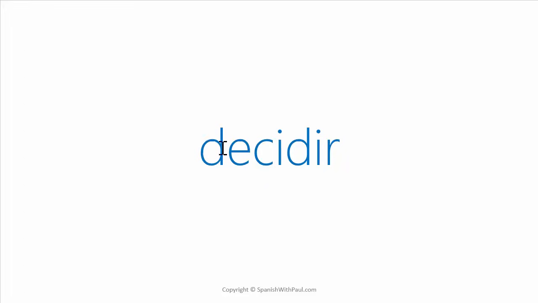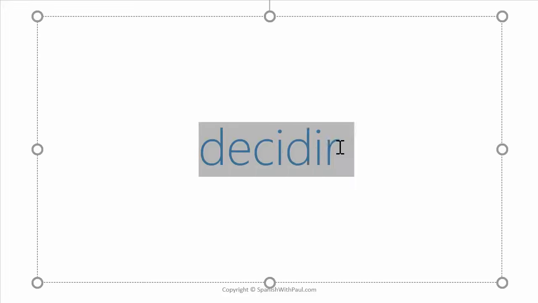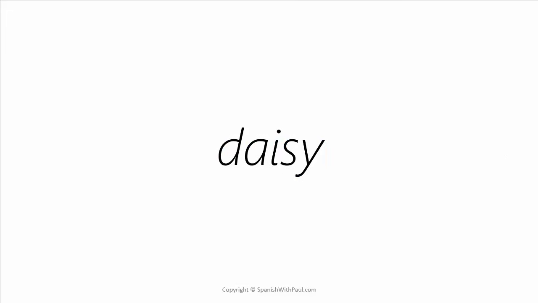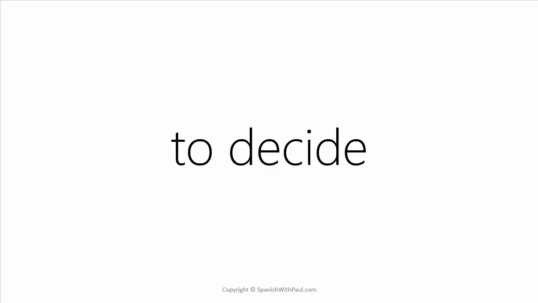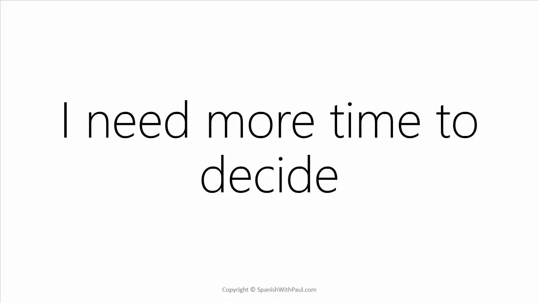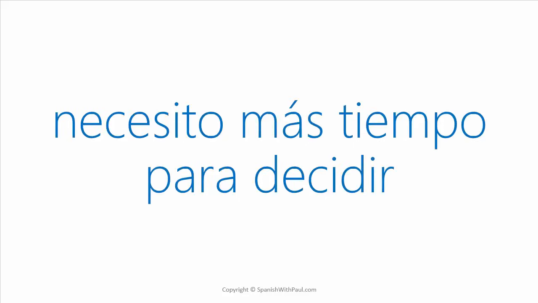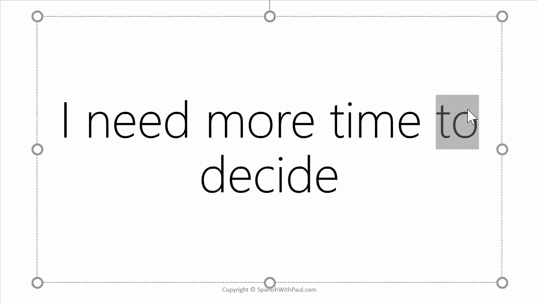So we have de, si, dir. The first two syllables almost remind you of the word daisy in English. So we have decidir, the verb to decide. How would you say, I need more time to decide? Necesito más tiempo para decidir. Para, because this to in English is implying in order to.